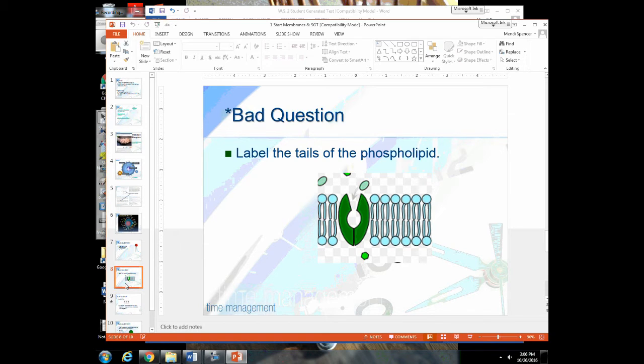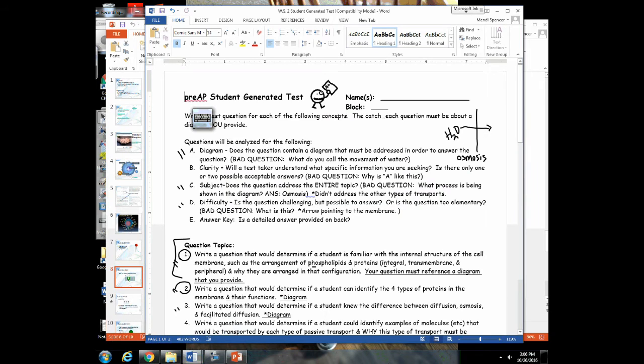That question is too elementary. If you asked what the head of the phospholipid is, that would probably be too easy as well, because they'd point to the circles, since they think of the head as being circular, like we see in the phospholipids there. That would be an example of a question that is simply too elementary.